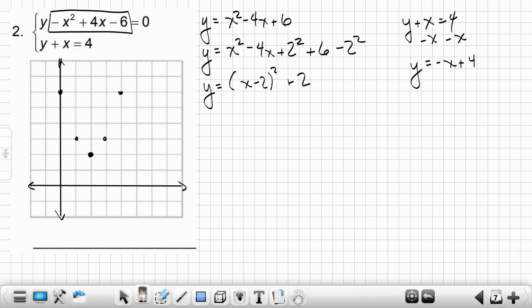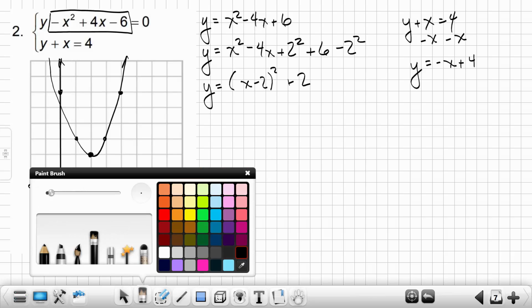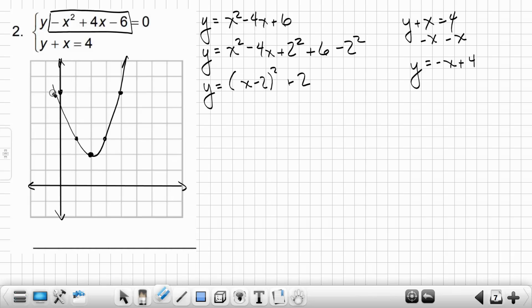Okay. All right, guys, I got my parabola. That line sucked. Okay. Now I need my line. Where does that line go through the y-axis? 4.